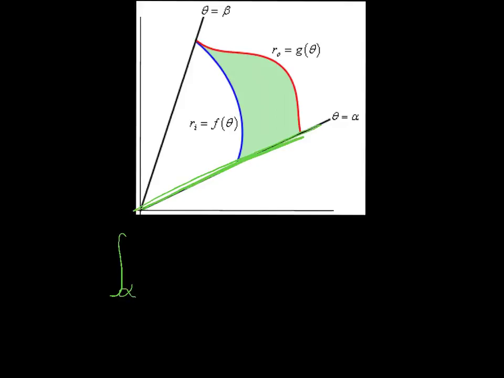So we start with alpha, and we work counterclockwise until we get to beta up here, and basically we're breaking this region into really thin sectors. Think of the thinnest slice of pizza you could ever cut. So there are no longer thin rectangles, they're thin sectors.